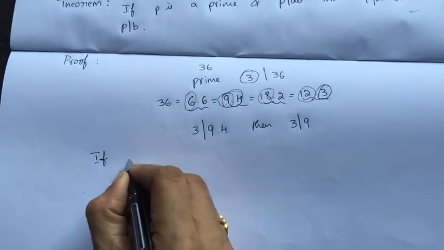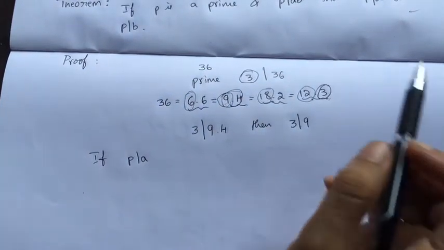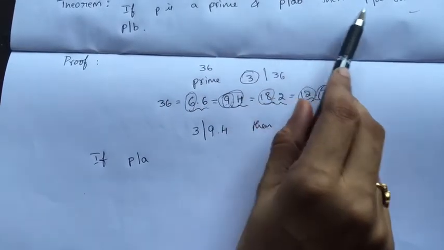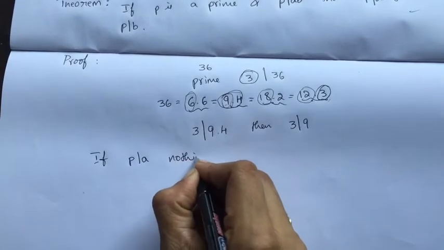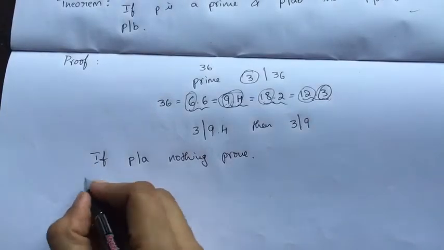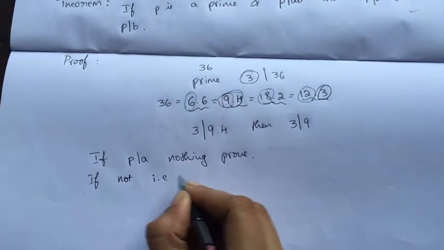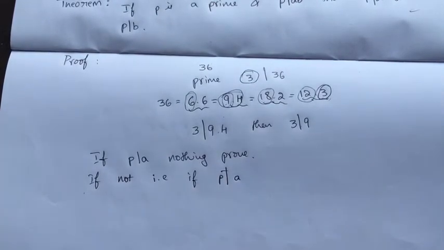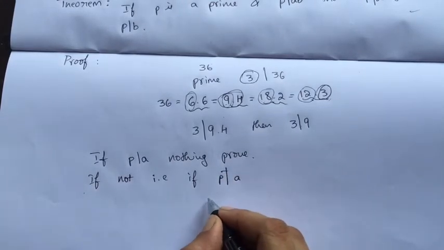It's given p is a prime and p divides ab. If p divides a, then nothing to prove, we are done. If not, that is, if p does not divide a, meaning p is not a divisor of a, then what happens?